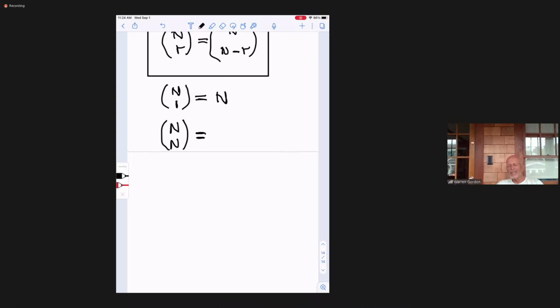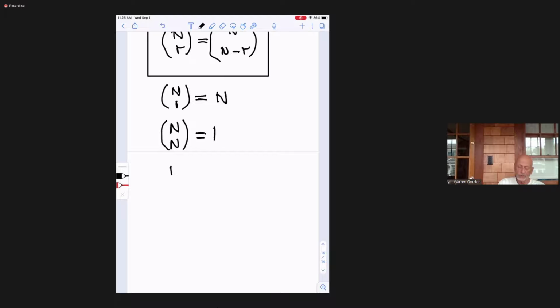Let's reverse the question. If I have n people, how many committees of size n are possible? 1. If I have 20 people, how many committees of 20 are possible? Just one, all 20. Now, clearly from understanding what a combination is, we understand why this answer has to be 1.